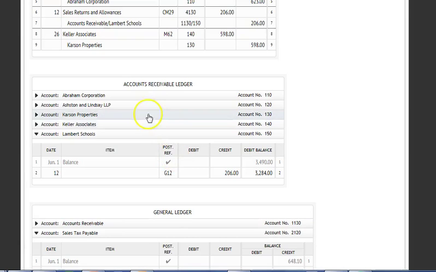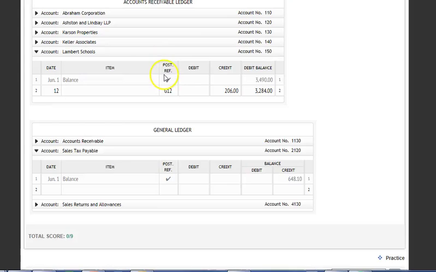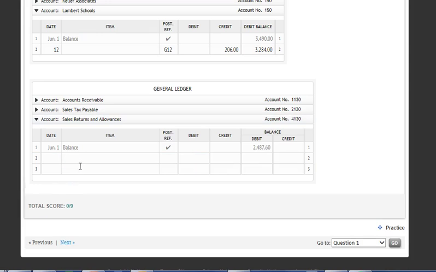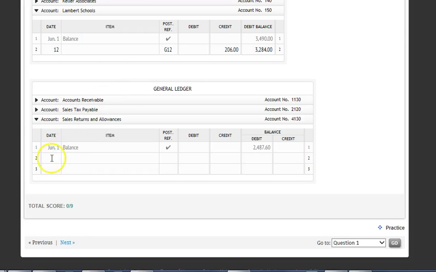Okay, sales tax payable. I think there was just one of those, if I remember right, right there. $14.70 on the 4th. A debit of $14.70. So we're going to subtract that. Excuse me. And sales returns and allowances. 1, 2 on the 4th and the 12th.